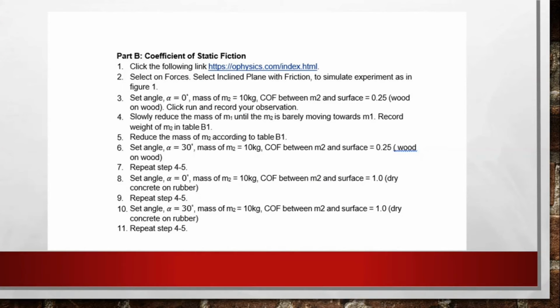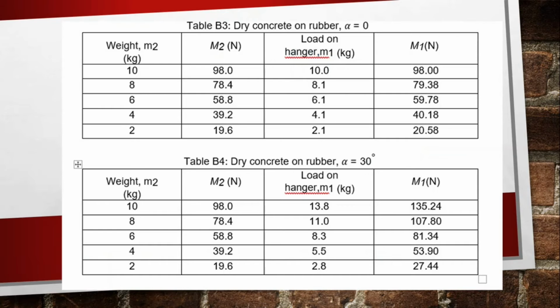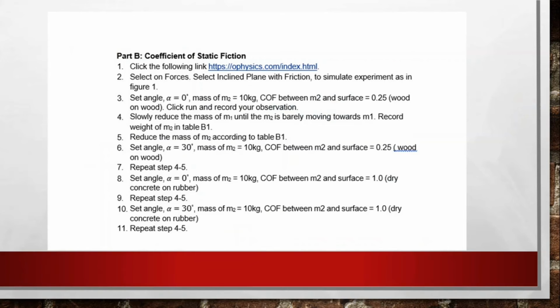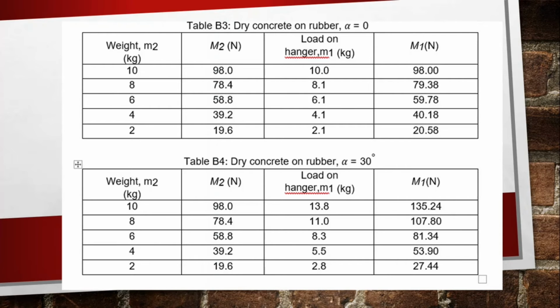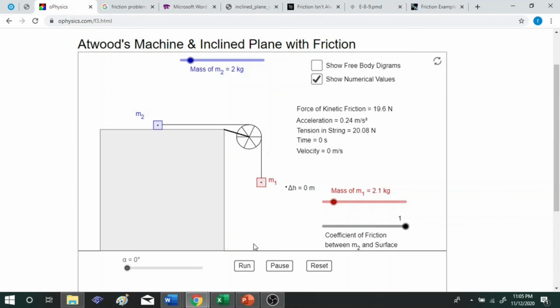After you fill in table B3, you need to continue for table B4. For table B4, you need to set the angle to 30 degrees and the COF is 1.0. For example, I want to take the weight for M2 as 2 kg, and then you open the simulation and you set M2 as 2 kg.